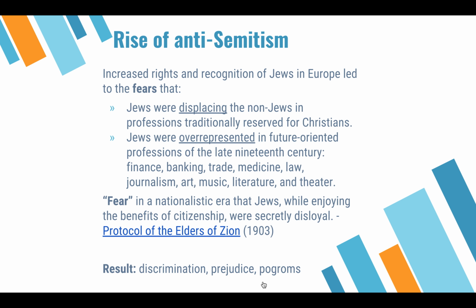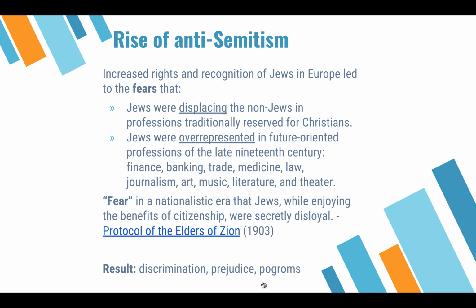So in particular in Europe, as there's an increase in industrialization and urbanization, and more people are living in close quarters, and more people are competing for jobs, you see a general fear that the other, not exclusively Jews, but a person, an immigrant, for example, was going to displace the worker from their job.